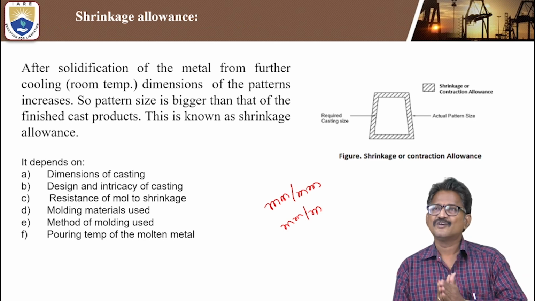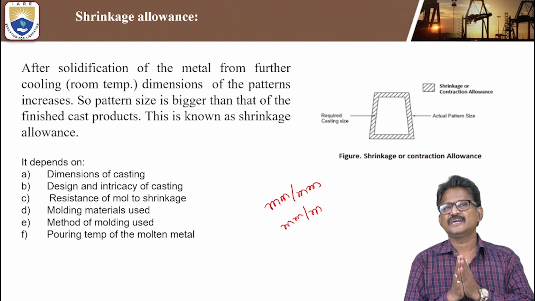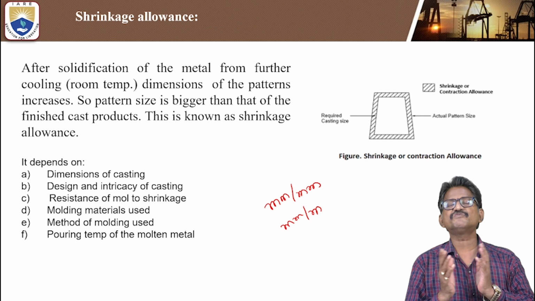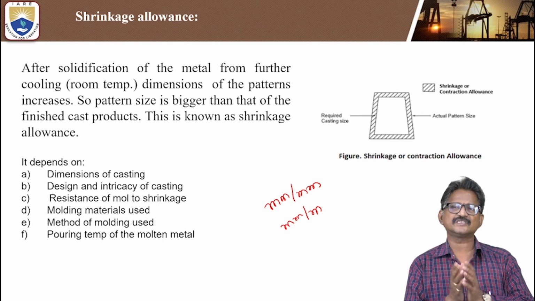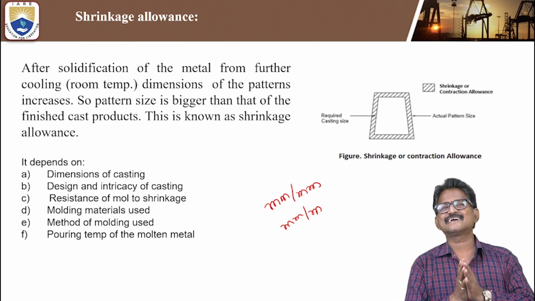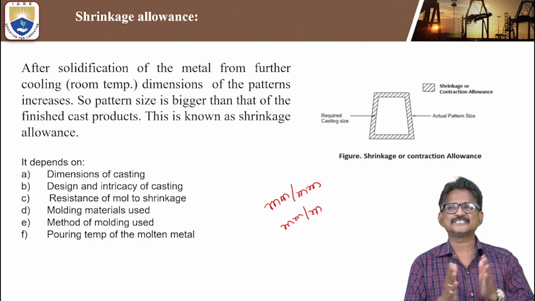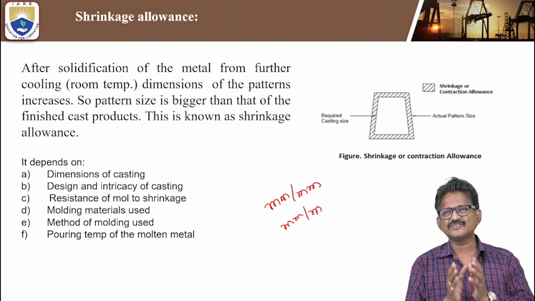So in general, whenever the molten metal is poured into the mold cavity, it will shrink. Shrink in the sense that solidification occurs by giving some cooling time or solidification time. What will happen is internal cross linking of the metals, so that expansion or contraction can occur.